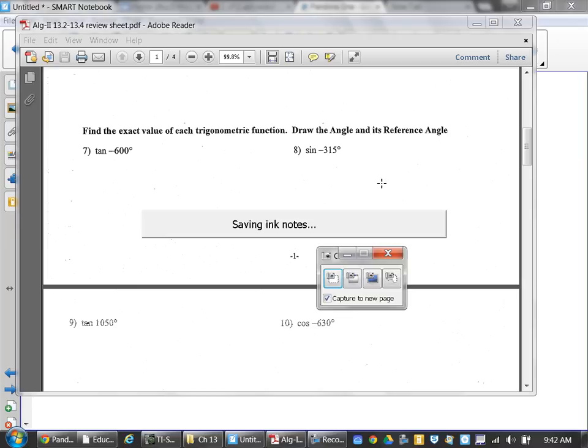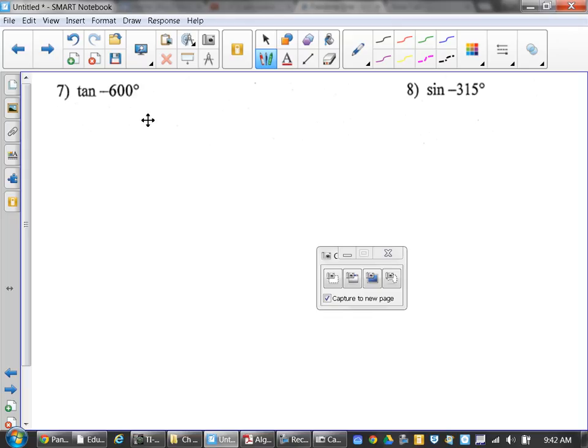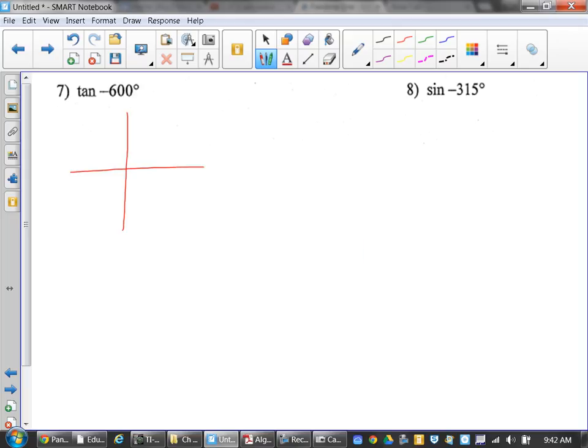Obviously, the first thing you have to figure out is, where does it go? A couple ways of doing this is that you could start spinning it. It's negative, so this is what, 360? Here's 540, and then come up another 60 degrees up. So the reference angle here is 60 degrees.